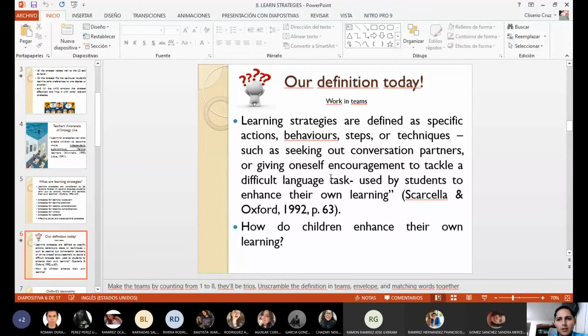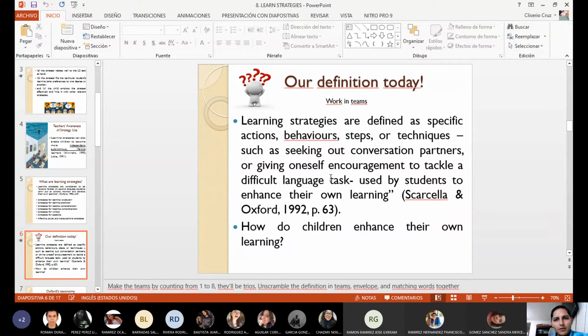Another strategy could be memorizing words or compensatory strategies. But the main focus of using strategies is to keep on learning. Okay, it's for learning to take place. How do children enhance their own learning?